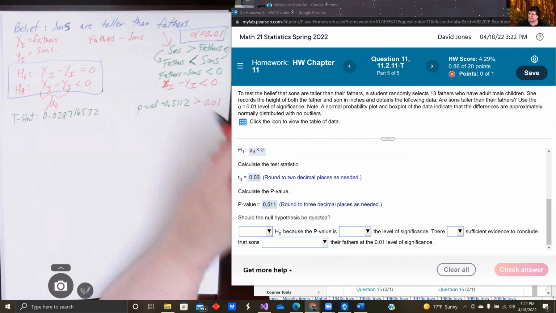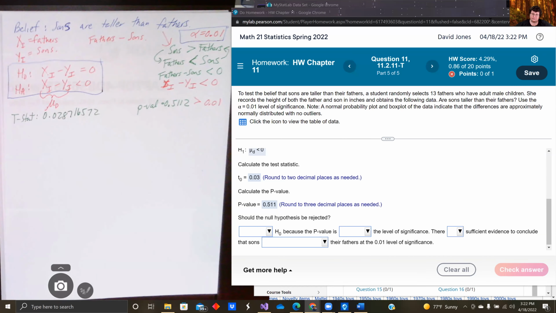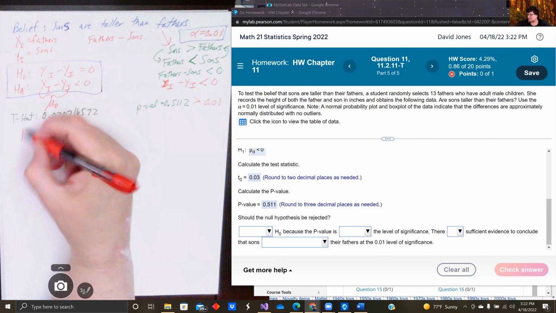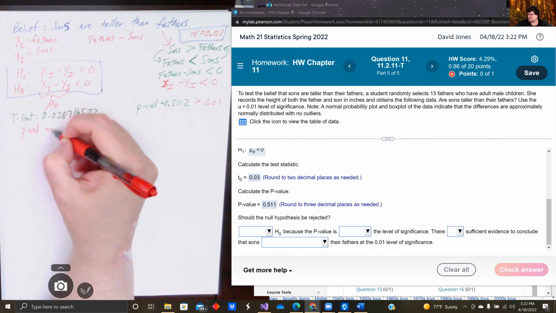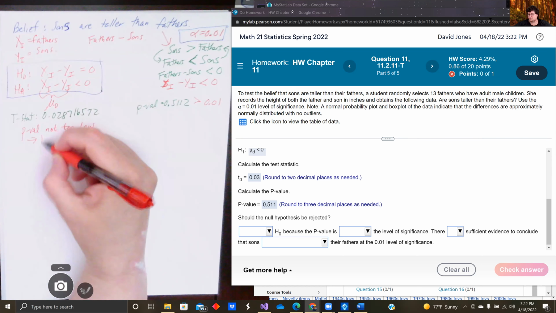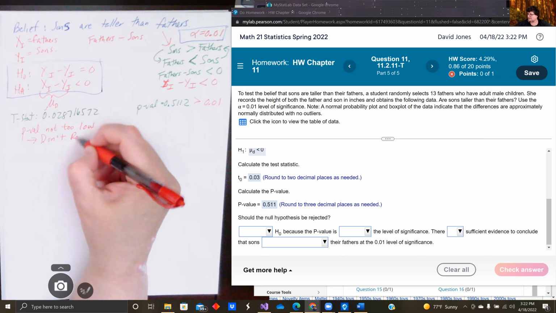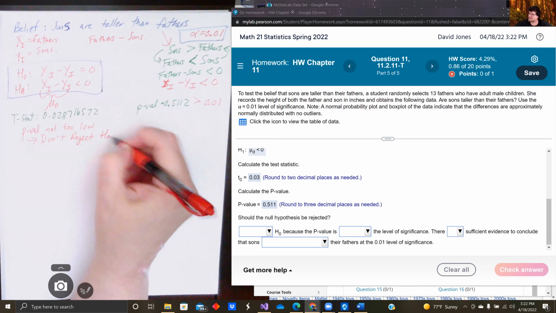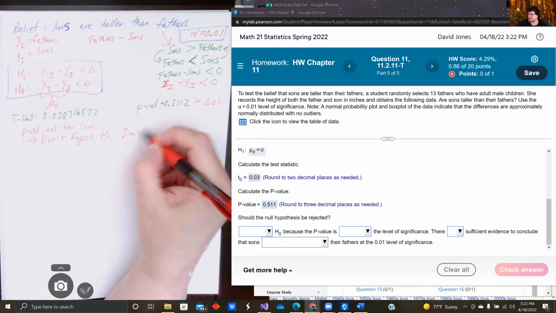So the p-value is not too low, which means we don't reject H0 and we don't support HA.